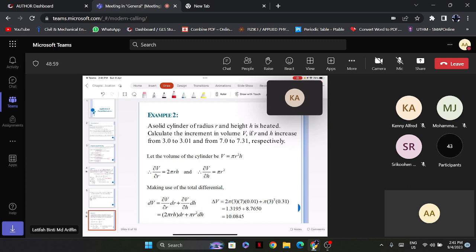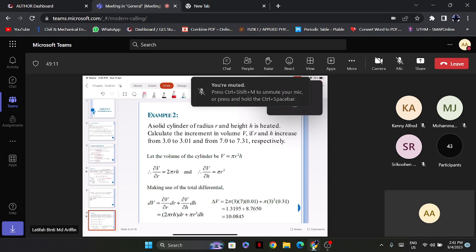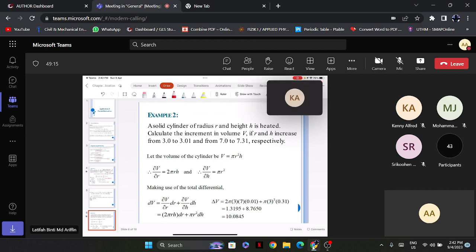Okay, kita lihat satu lagi example untuk subtopik increment or approximation. Given a solid cylinder of radius r and height h is heated. Calculate the increment in volume V if R and H increase from 3 to 3.01 and from 7 to 7.31 respectively. Okay, so 3 yang ini adalah untuk apa? This is for dia punya R, betul?